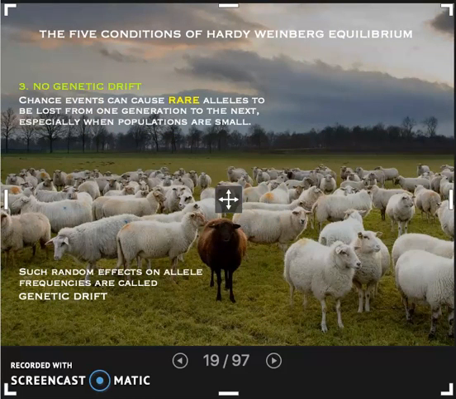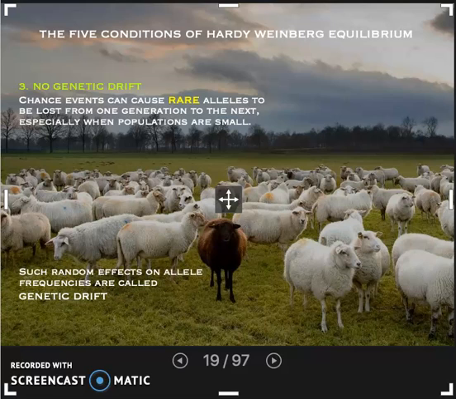Another condition of Hardy-Weinberg is no genetic drift. Genetic drift is really a phenomenon that's born out of statistics that affects small populations.